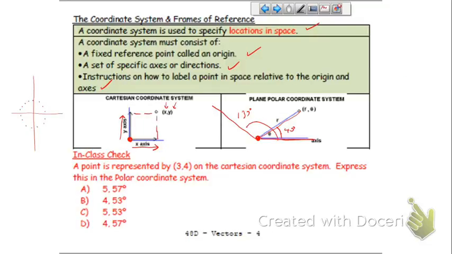But if I have a circle, especially if it's lined up, can you see my R value is not going to change? My R value is going to be constant throughout, and my angle value is going to increase steadily.